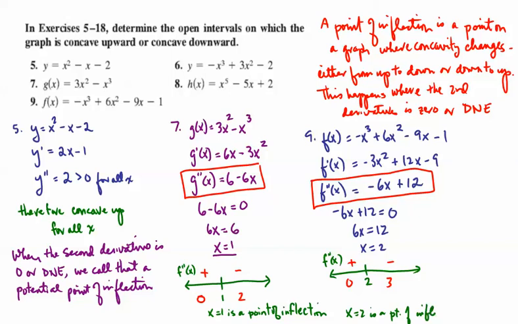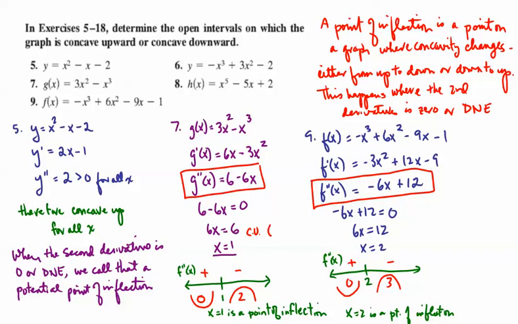What these questions are asking is to find the intervals on which the function is concave up or concave down. Now, just like we marked up the graph for the first derivative, when the second derivative is positive, that means we're concave up. When it's negative, we're concave down. Positive, concave up. Negative, concave down. And so I can say in these cases it's more simple.